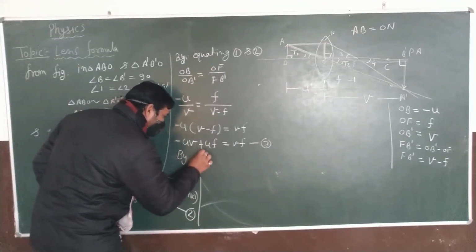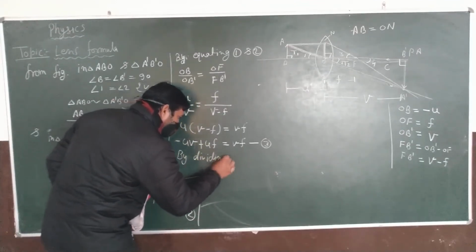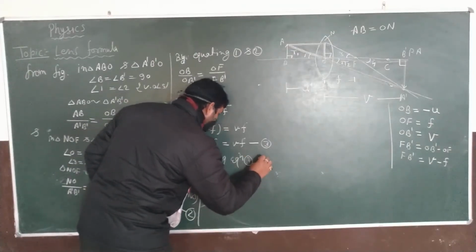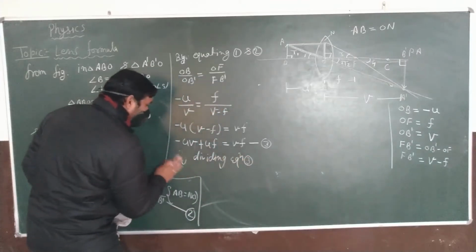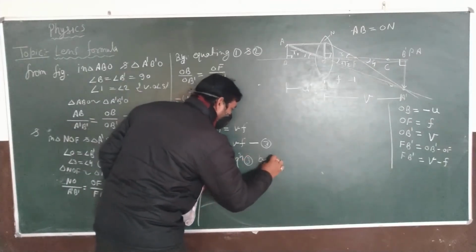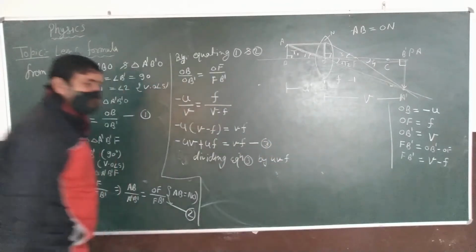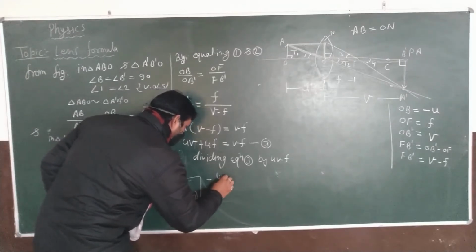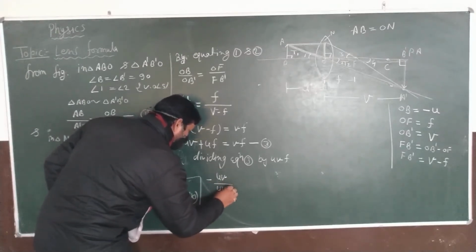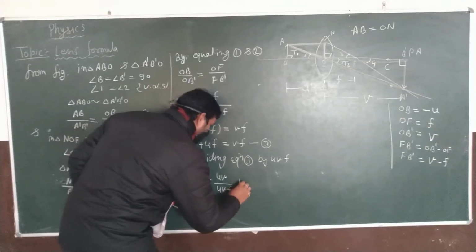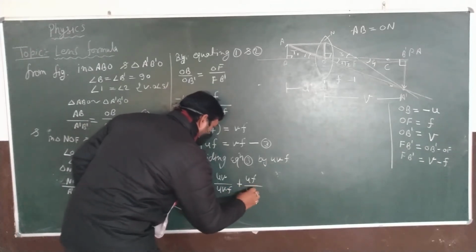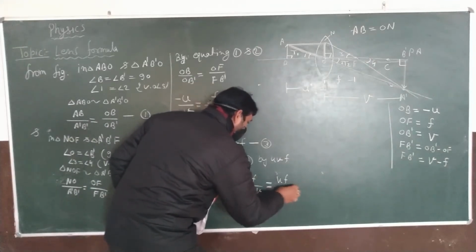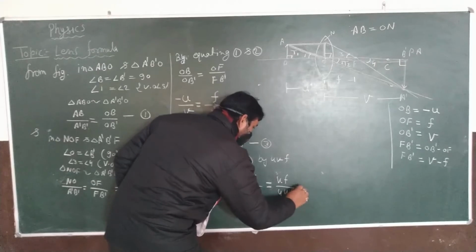Now, by dividing equation third by uvf, what do we get? Minus uv upon uvf plus uf upon uvf is equal to vf upon uvf.